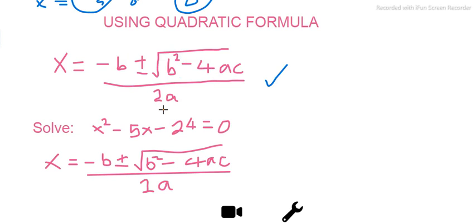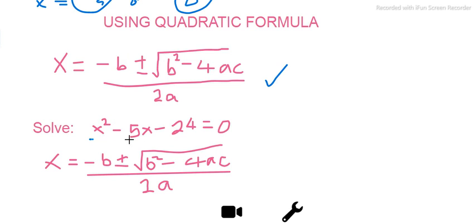In the last videos I discussed how we can identify our a, b, c in any quadratic equation. So in using the quadratic formula, the first thing you are expected to do is write out the values of a, b, c. Then you write out the quadratic formula, substitute and simplify. It's not more than that.